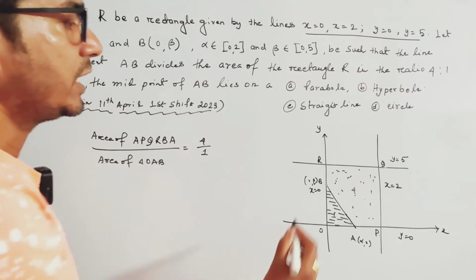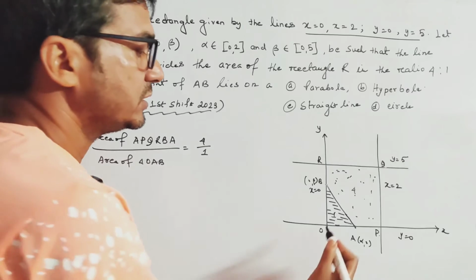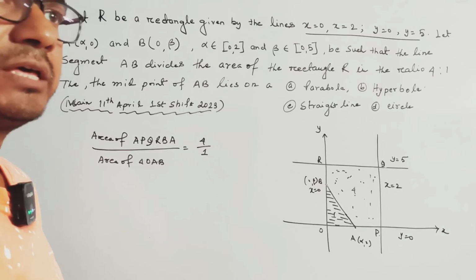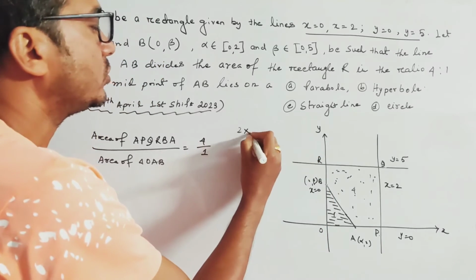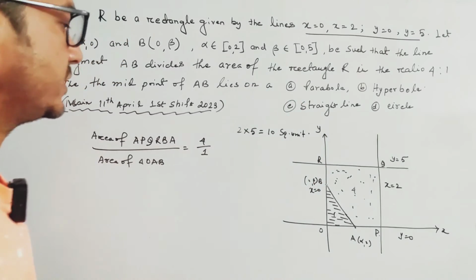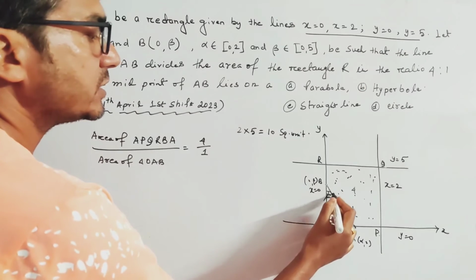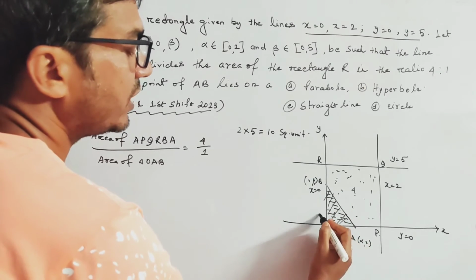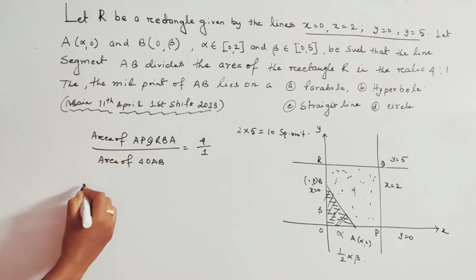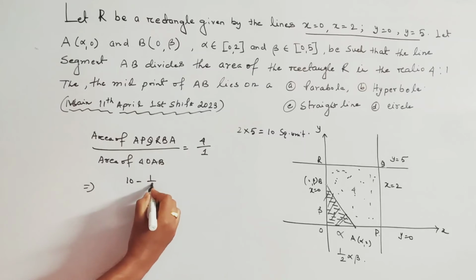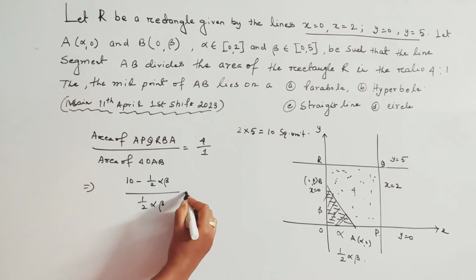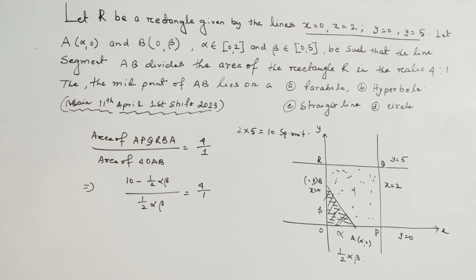We know the rectangle has sides 2 and 5, so the total area is 2 into 5, which is 10 square units. And the area of the triangle is half alpha beta. Hence we get (10 minus half alpha beta) by half alpha beta equal to 4 by 1.